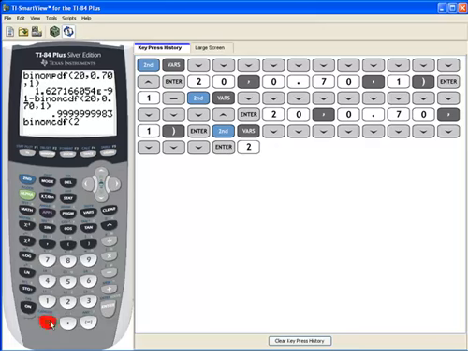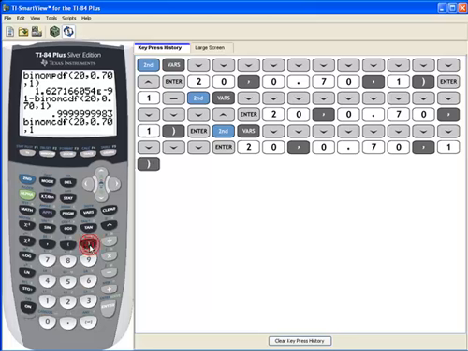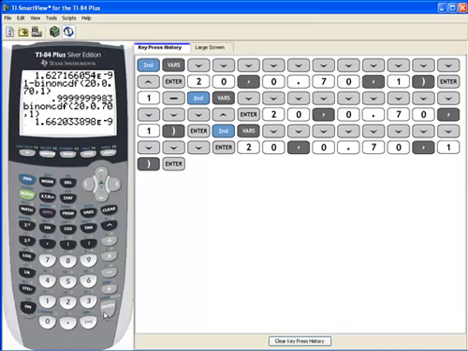I'm going to put in 20, comma 0.7, and 1. That is going to give me the sum of the probabilities: the probability X is equal to 0 plus the probability X is equal to 1. And you'll see that the answer is in scientific notation. It's about 1.66 times 10 to the negative 9th power.